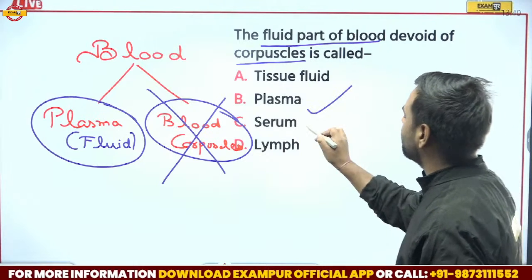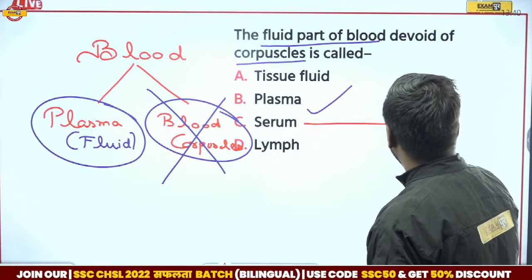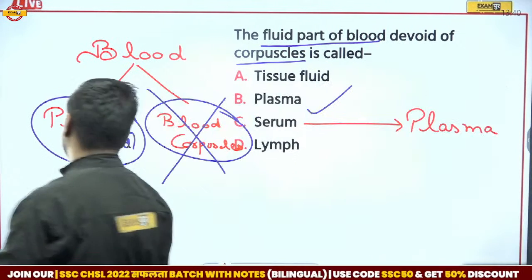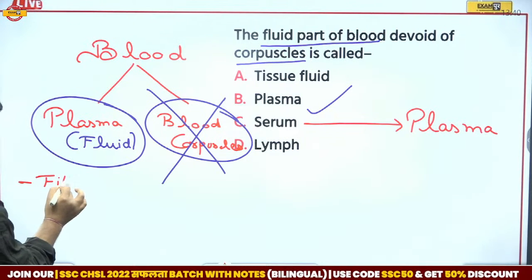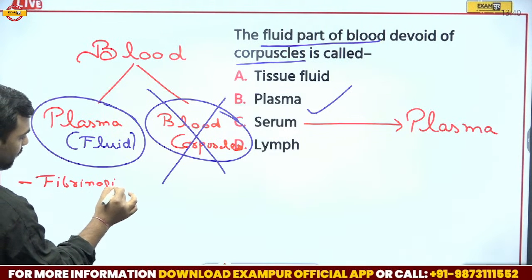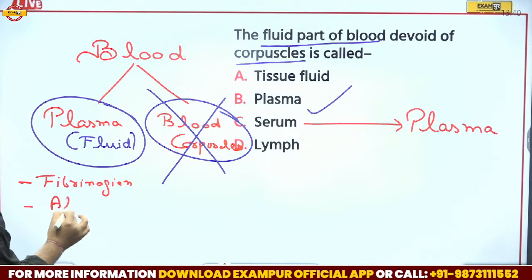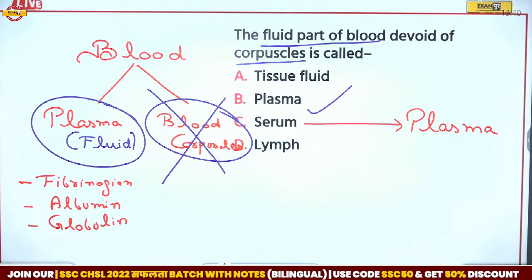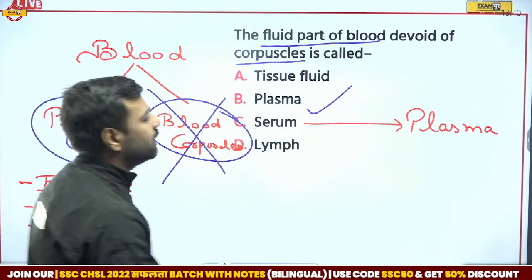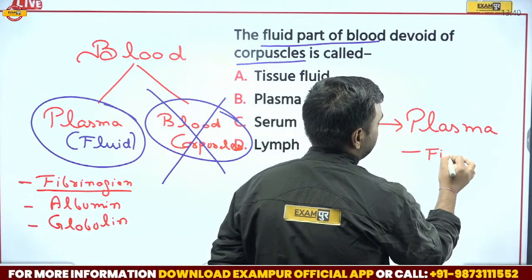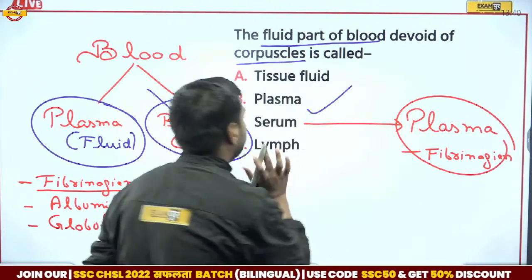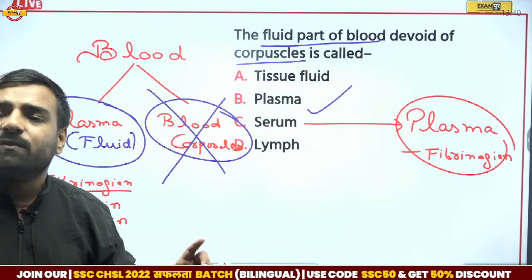Within plasma we also have something: fibrinogen, albumin, and globulin. If I remove fibrinogen from the plasma, then this will be considered as serum. Both things are very, very important.